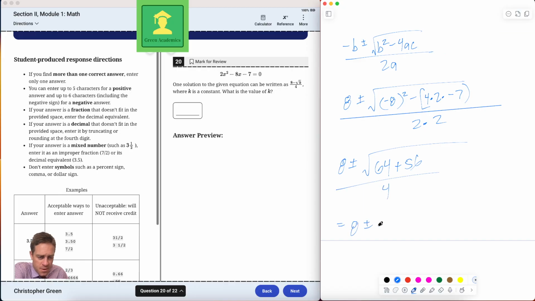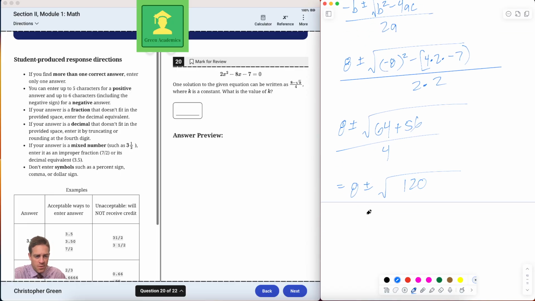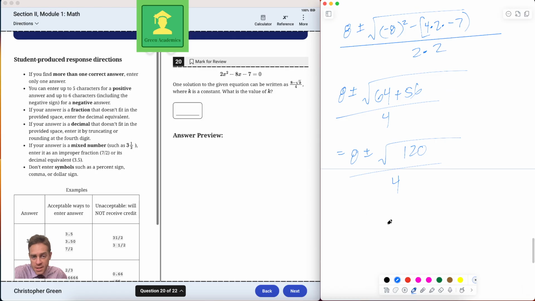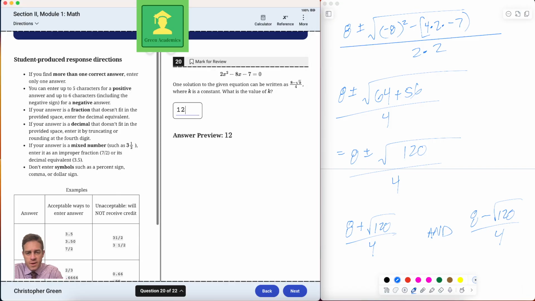So 8 plus or minus the root of 120, which of course is going to reduce over 4. And, oh no, actually that's what you need, right? So then the solutions are 8 plus root 120 over 4 and 8 minus root 120 over 4, which is 8 minus root k over 4. So of course, k as in kangaroo is 120.